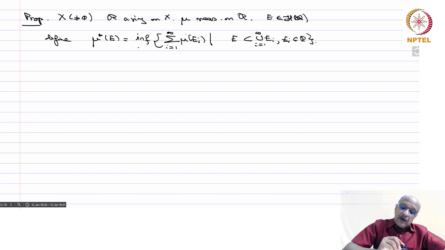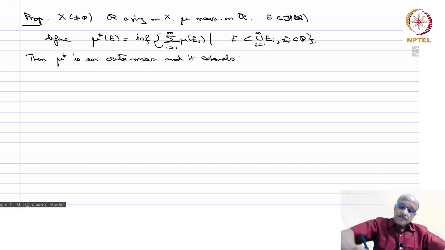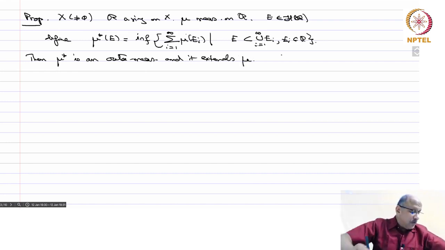So this is a very well defined quantity. Then mu star is an outer measure and it extends mu. That means if E is in R, mu star of E is the same as mu of E.